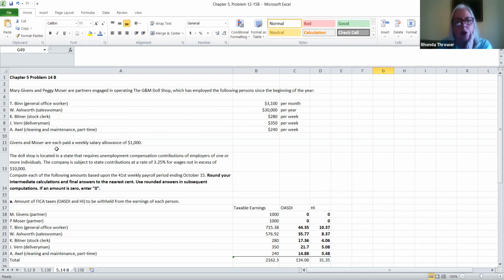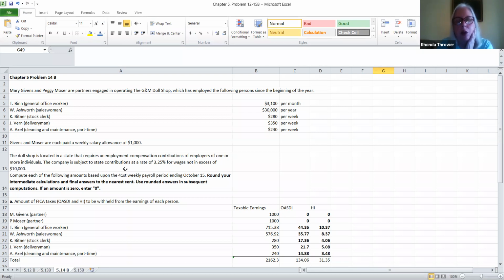Givens and Moser are each paid a weekly salary allowance of $1,000. The doll shop is located in a state that requires unemployment compensation contributions of the employers of one or more individuals.